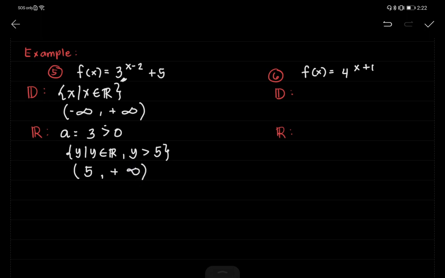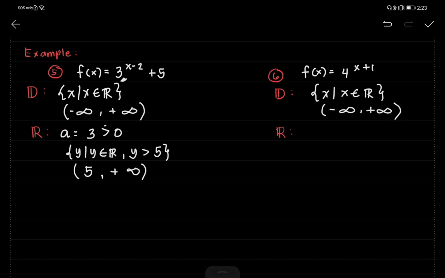Okay? Next. So we have here f of x is equal to 4 raised to x plus 1. Same as usual, our domain is x such that x is an element of all real numbers. While our range naman is from negative infinity up to positive infinity.